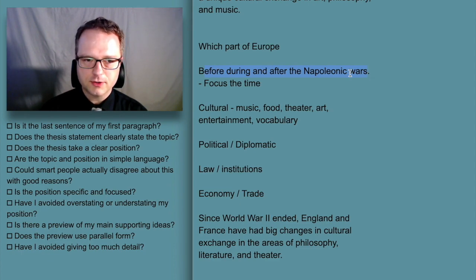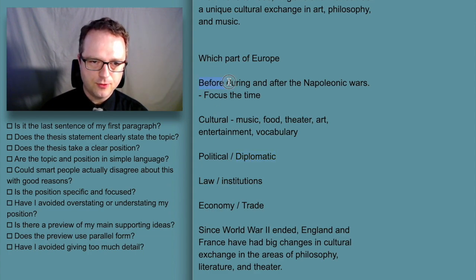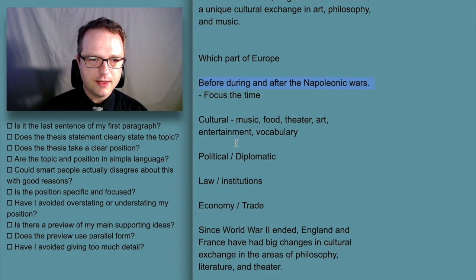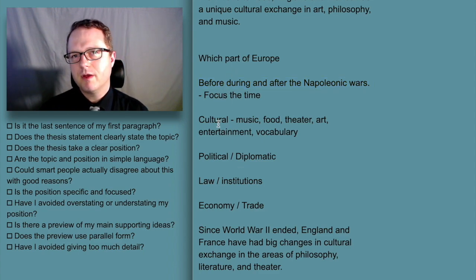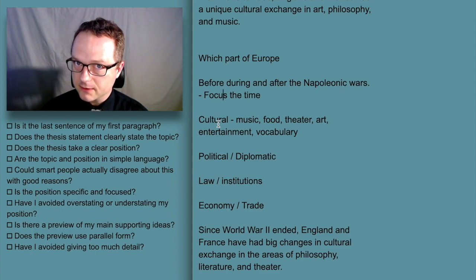We're going to focus on one of these areas, maybe the diplomacy between England and France. And we're going to look at how diplomacy changed before, during, and after the Napoleonic Wars. Or maybe, since it says change the history of Europe in the original thesis statement, maybe we'll look at how England and France's trade relationship affected the economy of the Netherlands.